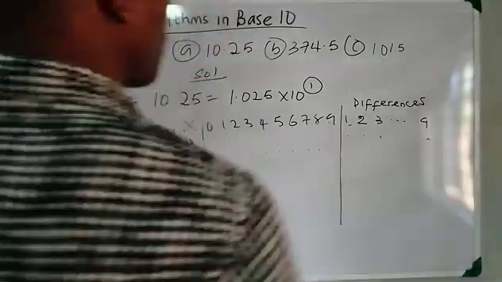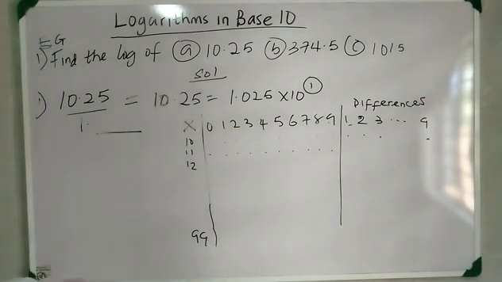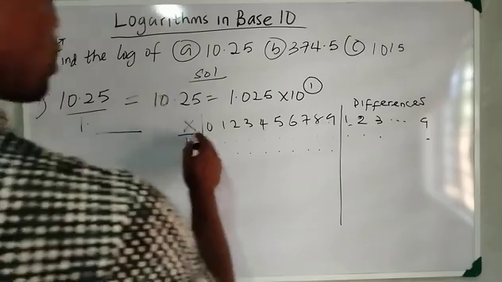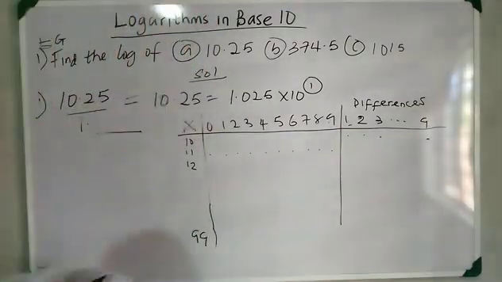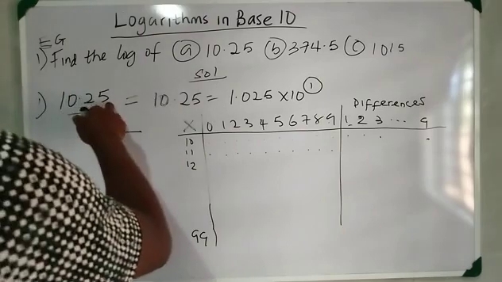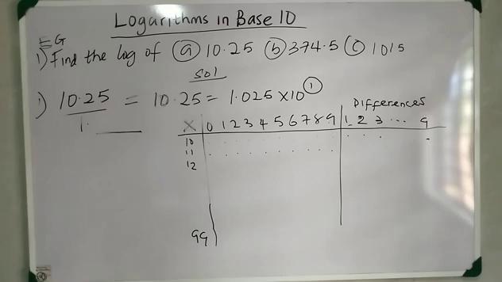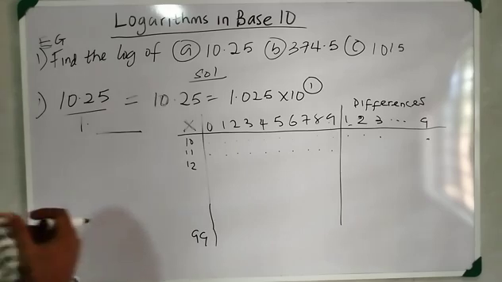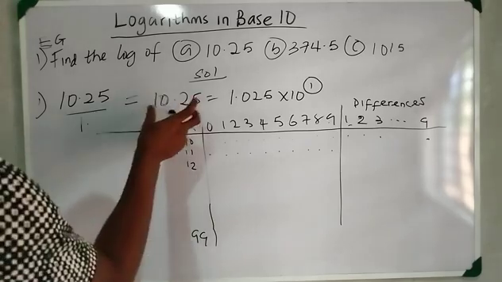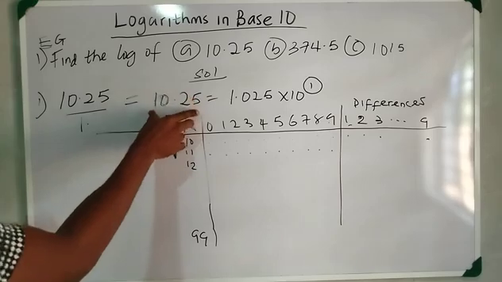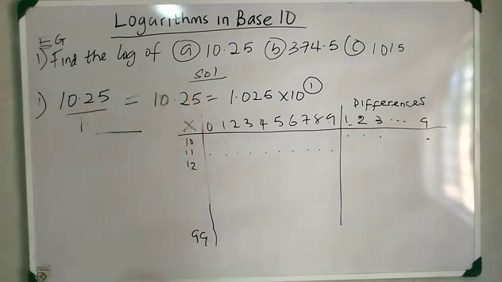Alright? So how do you use your 4-figure table? How do you use your 4-figure table to get the second part of your answer? I'm going to be using this very example to explain it. When you are using a 4-figure table, if you have a number that has 4 digits, the first thing you want to do is don't bother yourself about the decimal points.